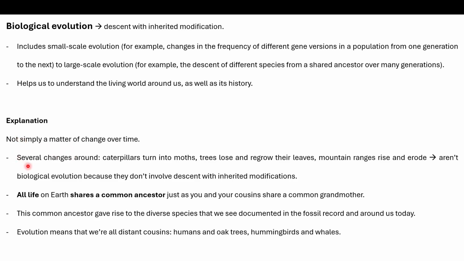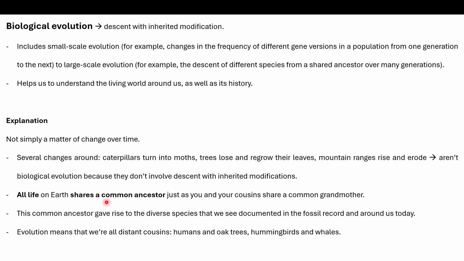There are several changes happening around us, like caterpillars turning into moths, trees losing and regrowing their leaves, mountain ranges rising and eroding. These aren't really biological evolution, because they don't involve descent with inherited modifications.